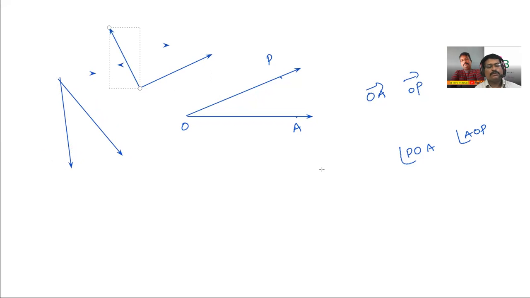Okay, Nana? Yes, this is a right angle. This is a right angle. Okay, so I can name it as right. 90 degrees is called right angle.